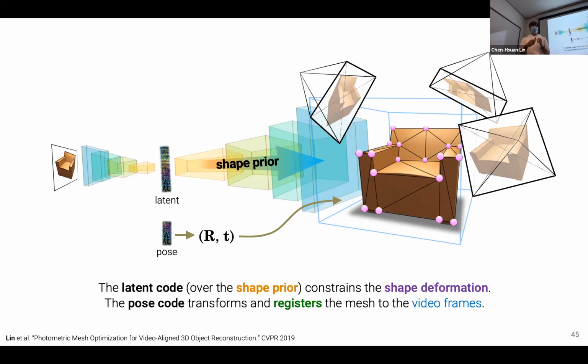To register the poses, we also backpropagate the gradients to the pose latent code, which parameterizes the rotation and translation in 3D space. So we basically do test time optimization of the video sequences using gradient descent on the latent code and also the pose codes here.